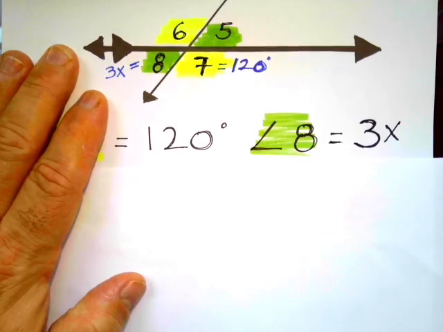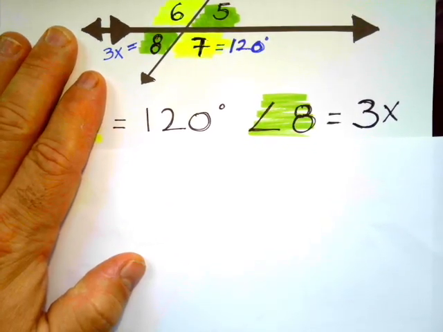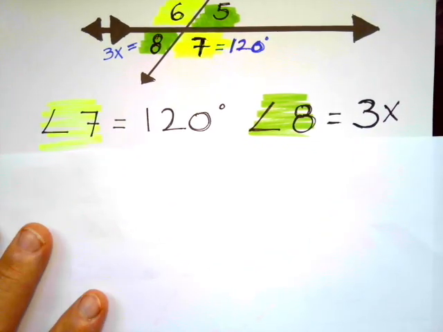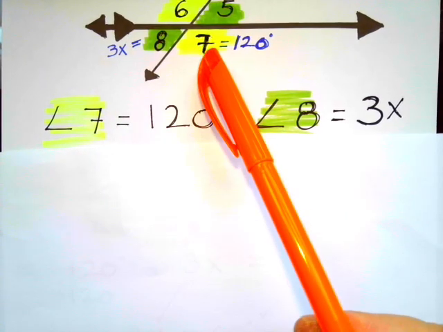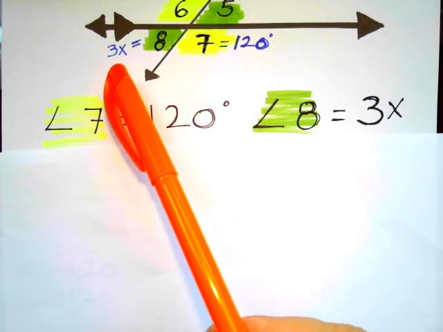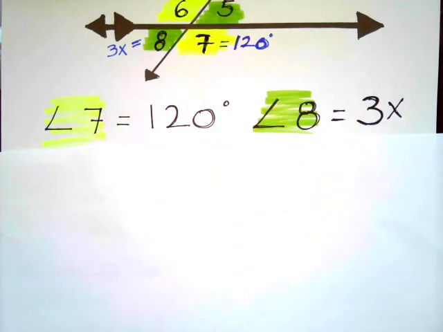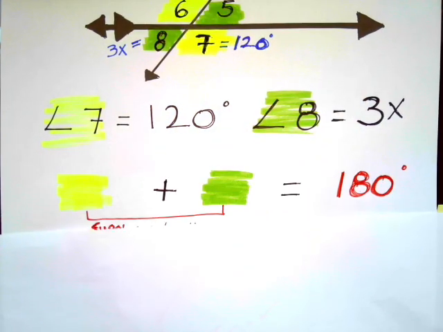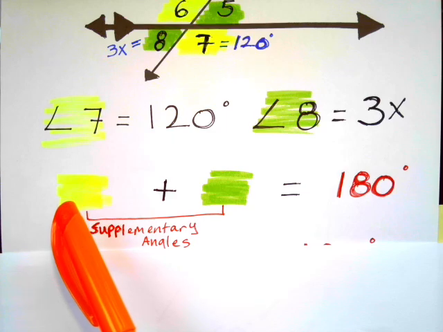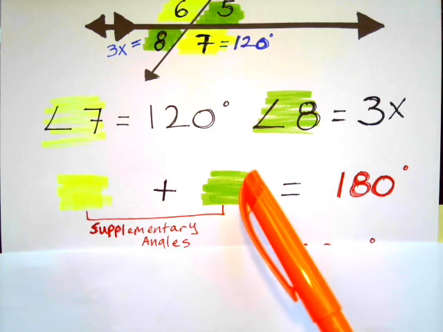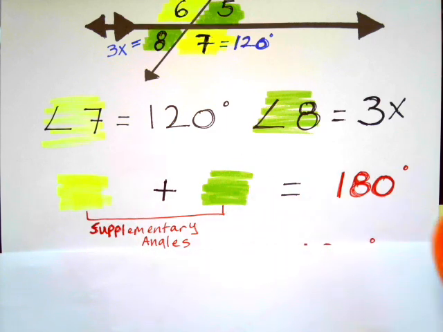Okay, if I'm going too fast, please stop, pause, rewind the video. That's the beautiful thing about video. So again, 8 and 7 will add up to 180 degrees. So 3x plus 120 will add up to 180 degrees, right? They're supplementary angles.